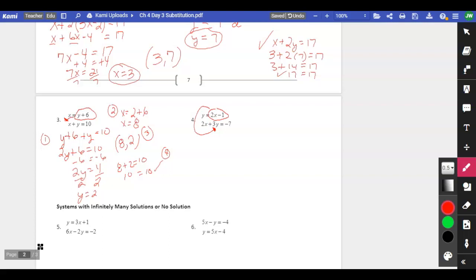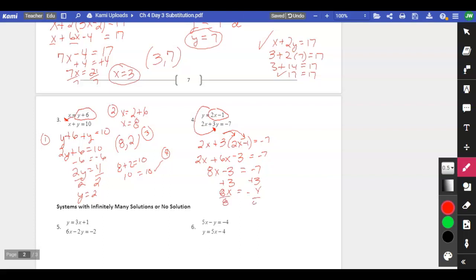So I'm going to replace it here so that I have 2x plus 3 times 2x minus 1. 2x plus 6x, and then I do my distributive property in both spots. This becomes 8x minus 3 plus 3, and 8x equals negative 4.